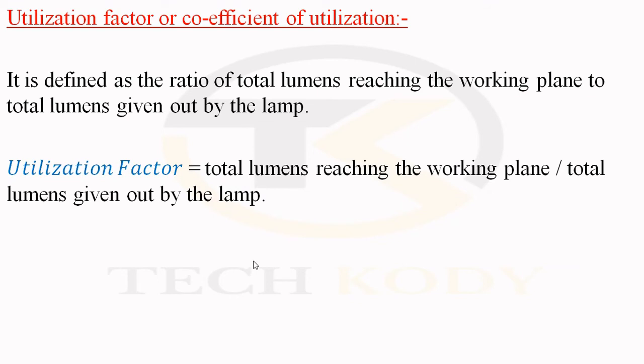The utilization factor is equal to total lumens reaching the workplace by total lumens given out by the lamp. You can definitely get one problem on this. You can remember the formula.